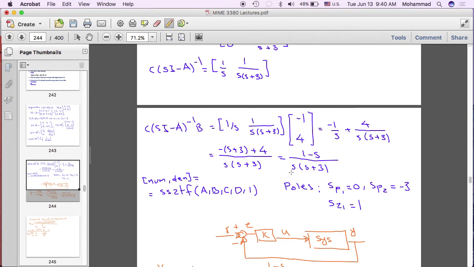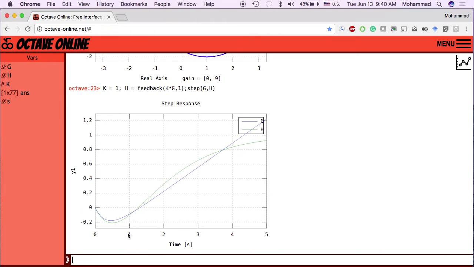It acts like a tank of fluid that has no opening. So what you put in it gets accumulated. So if you give it a constant input, its output is going to be constantly increasing. And that is exactly what you see in blue. Blue is the open loop. If you give it a constant input, its output is going to constantly increase because of the pole at 0. That's the reason.